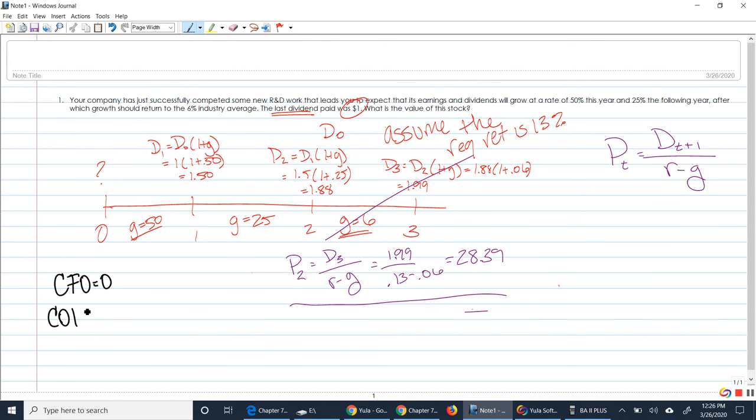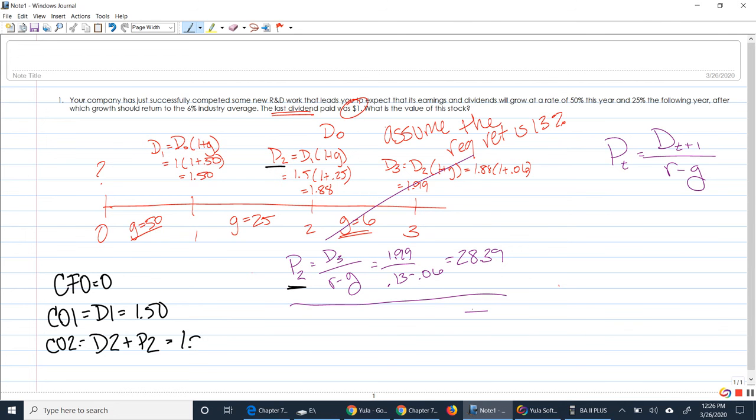Cash flow at time period 1 is equal to dividend 1, which is $1.50. Cash flow at time period 2 is equal to dividend 2 plus the price at time period 2. I did that because dividend 2 is not included in the present value of future dividends. So we have to add those two together.